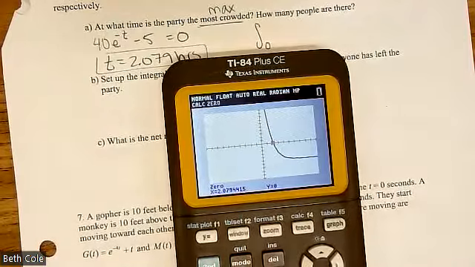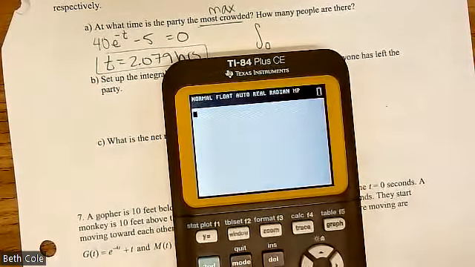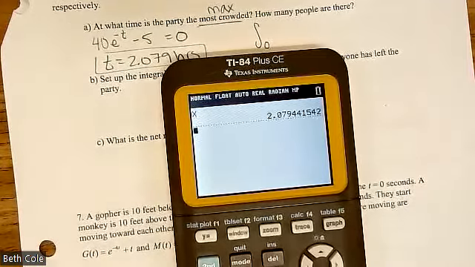So, okay, here's what you're going to do. Quit out of there, go back to the home screen. Because we just calculated that, it has X stored as that number for right now. If you don't mess around and do anything else, hit X, enter, it'll bring it back. And I always store everything as A. You can do whatever you want, but I recommend pick A. It's the first letter of the alphabet.